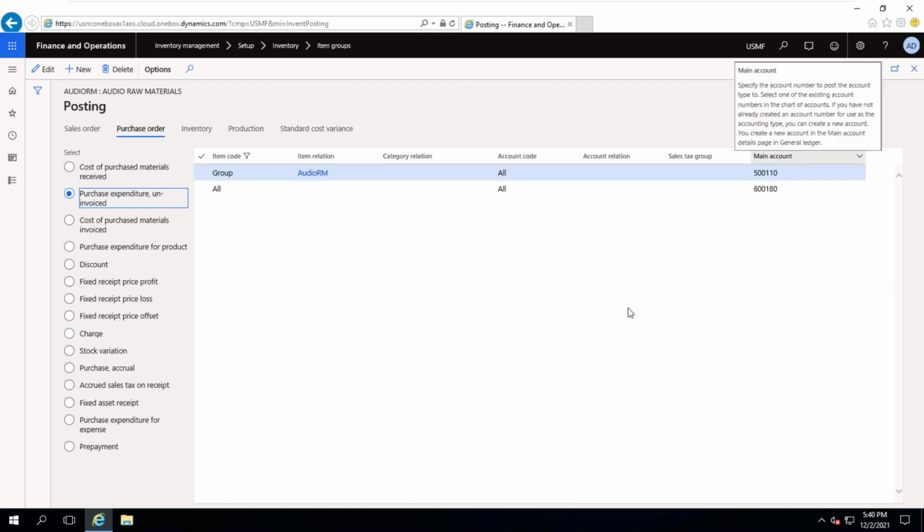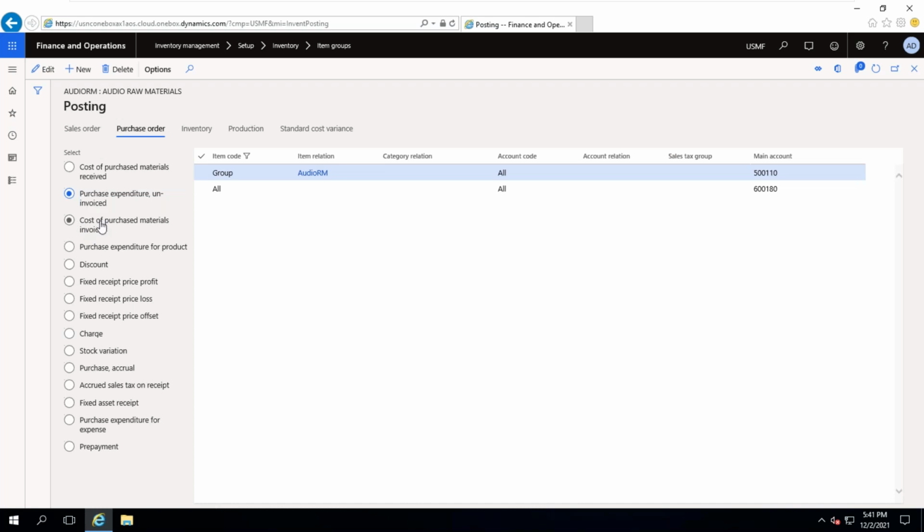At the time of invoice, cost of purchased material invoiced account debit to vendor account credit.